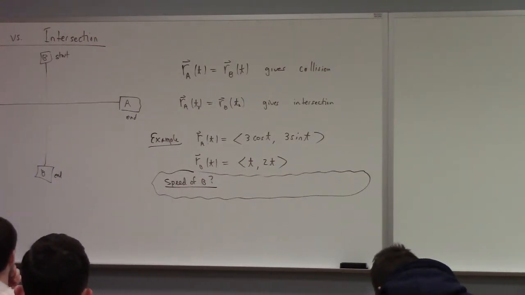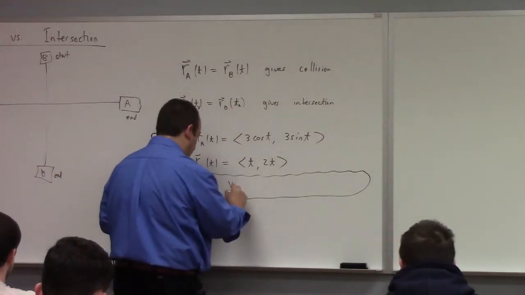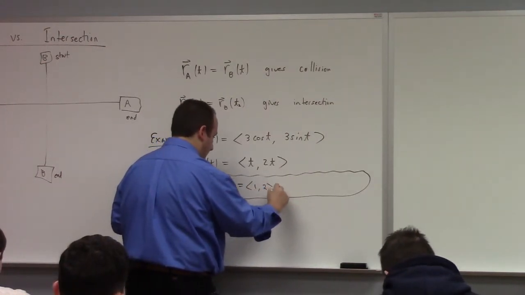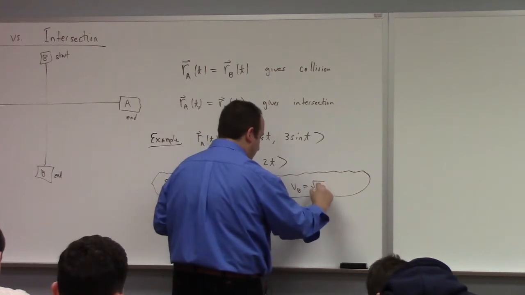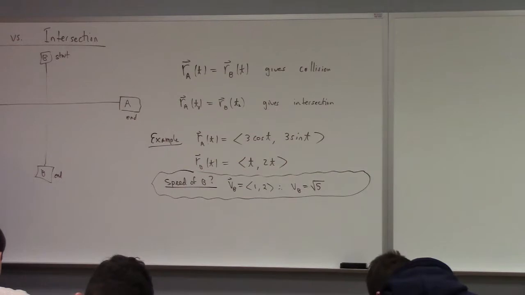You find the velocity and then calculate the magnitude of the velocity. What's the velocity here for B? 1, 2. So the speed of B is just the square root of 5. Whatever we're working in, meters per second, feet per year. Well, nobody works in feet per year.